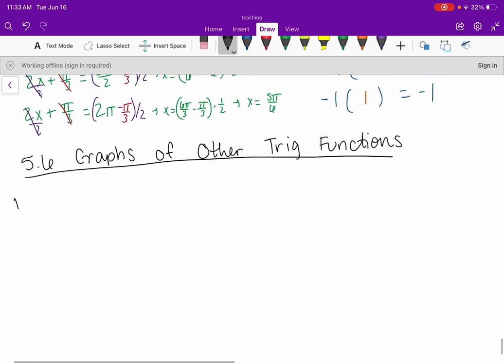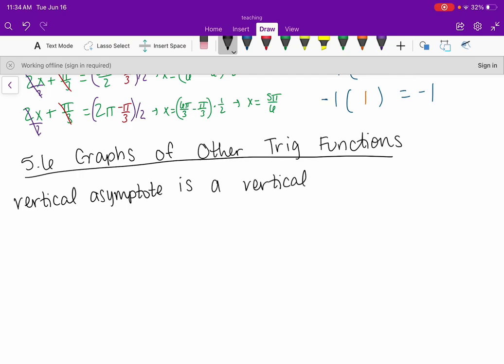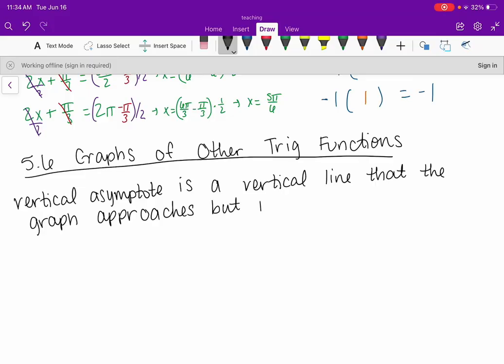So a vertical asymptote is a vertical line that the graph approaches but never reaches.